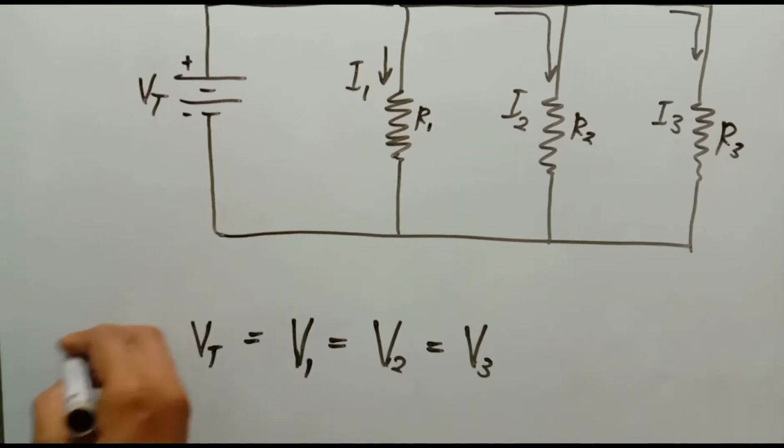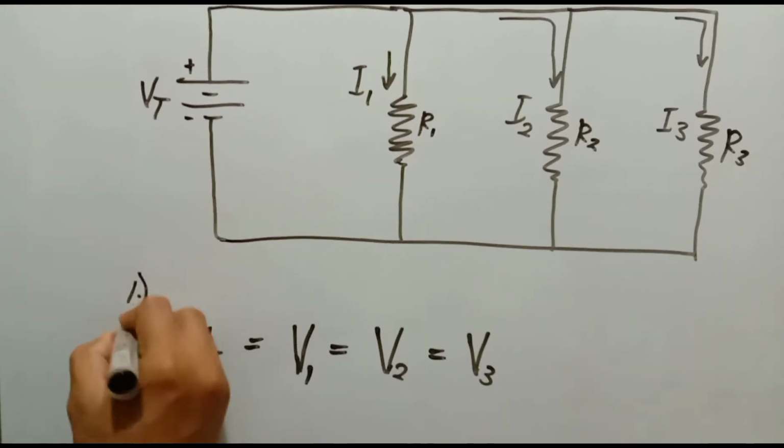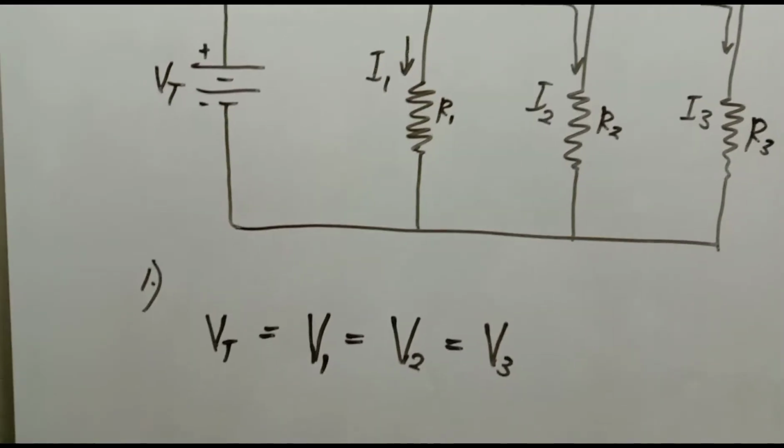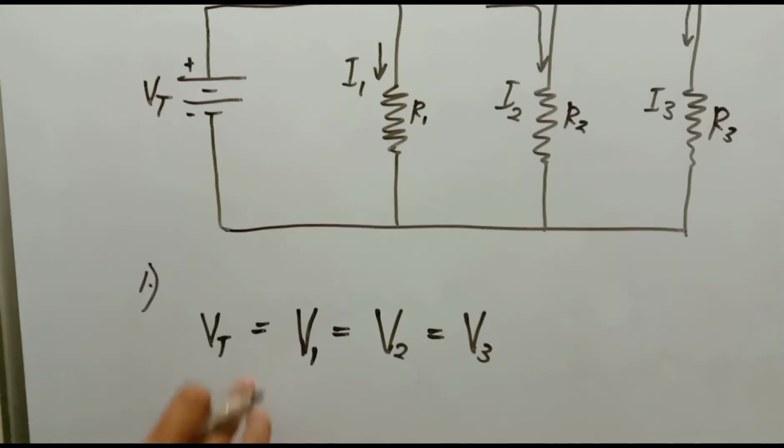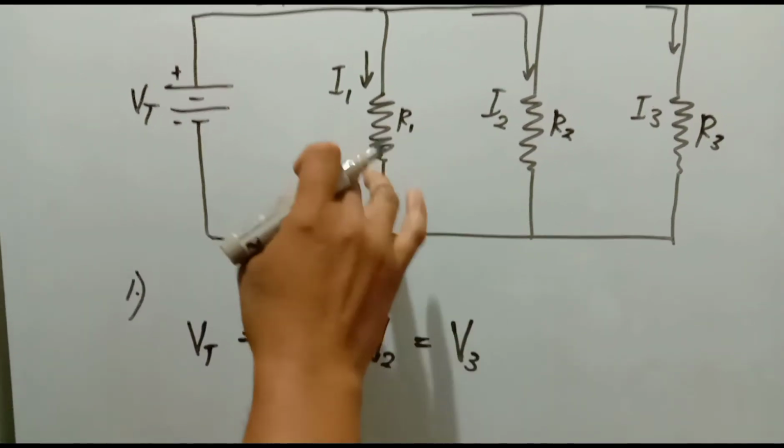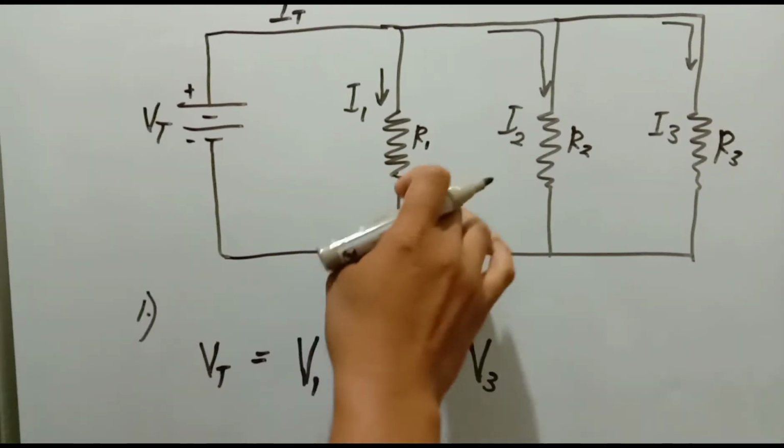So this is the first property on how to calculate the voltage for each resistor. In every resistor, the voltage drop is equal to each other.